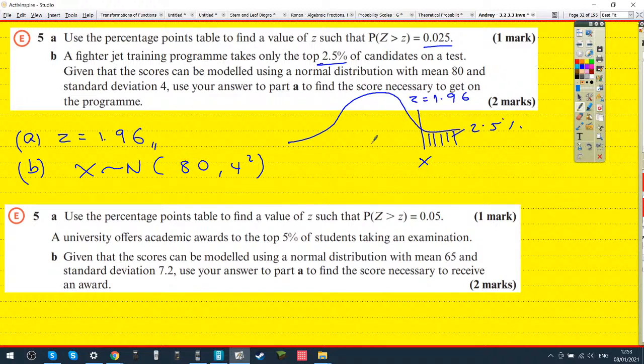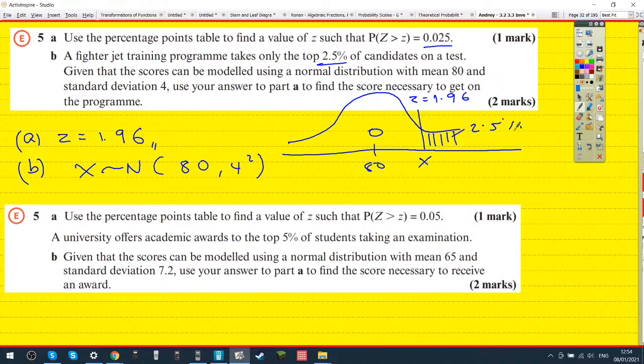So the mean is the middle bit of the graph. Yeah. And so for the Z one, for standard normal, it's 0. For this one, it's 80. So I don't know if I need to do like 1.96.